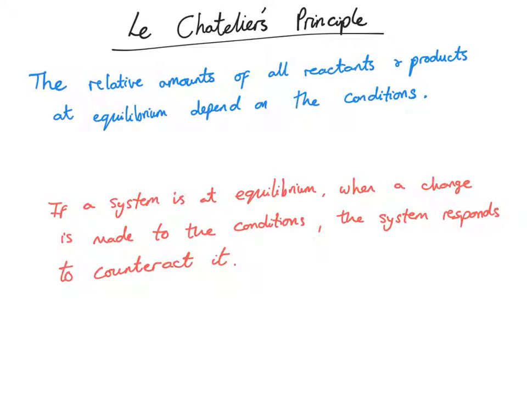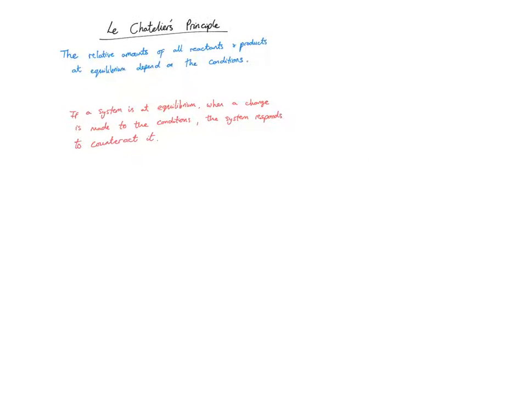So one thing we need to be really clear on is what equilibrium actually means. What it's not: it's not that the reaction has stopped. Equilibrium does not mean the reaction has stopped.